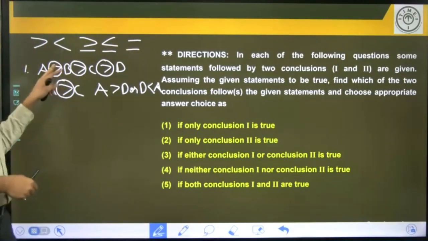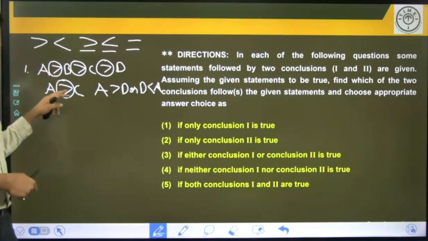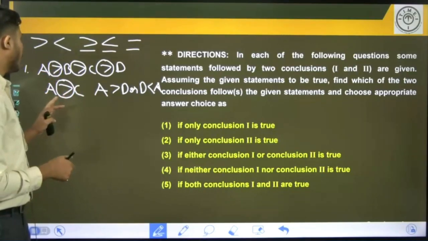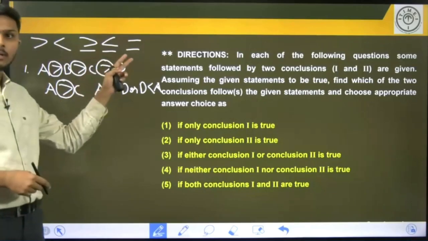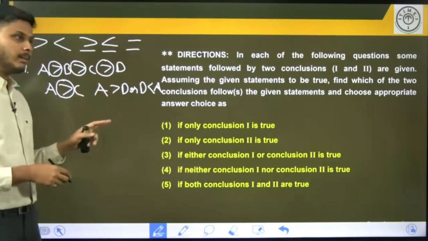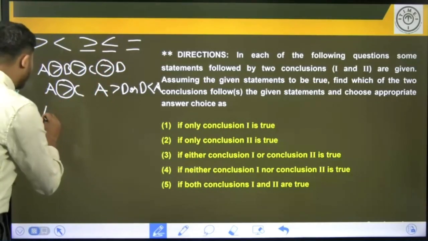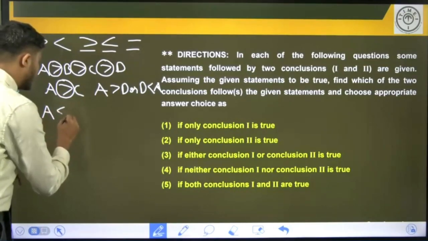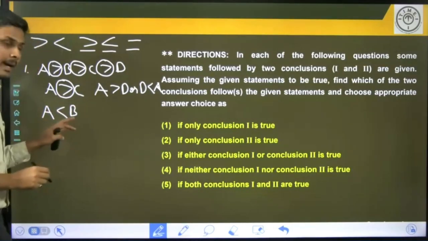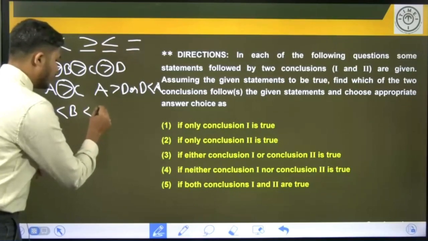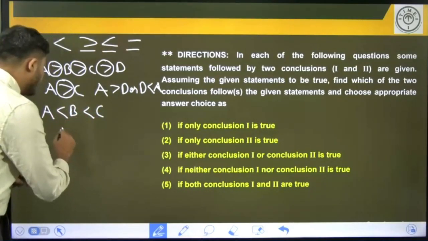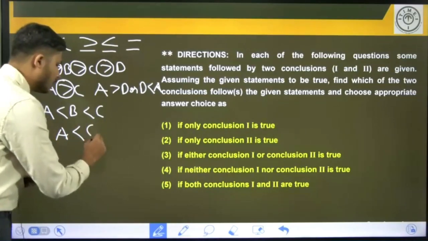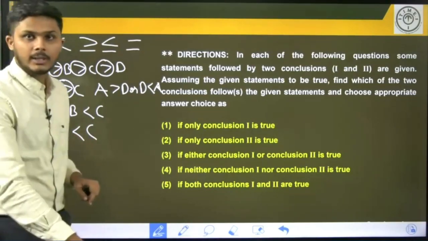If the symbols are same, we can conclude that the end result will also be the same. In all the 5 cases, the end result will be same. So let's look at the other example. If A is less than B and B is less than C, the end result will be A is less than C. So this is the first shortcut.